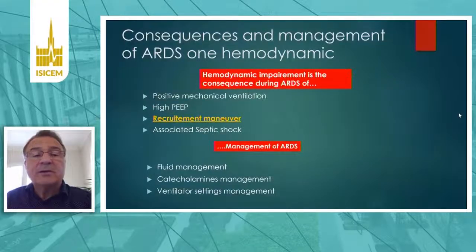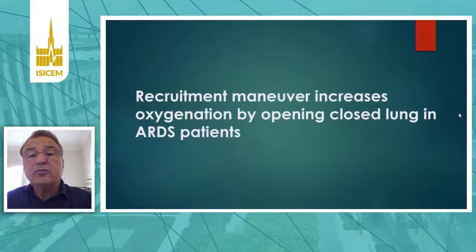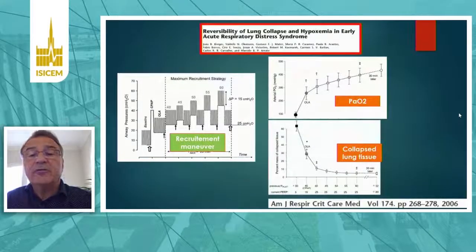The recruitment maneuver is very useful to increase the oxygenation of the lung. You see that by increasing the PEEP, we decrease the collapsed lung tissue, and we improve the PaO2/FiO2 ratio.